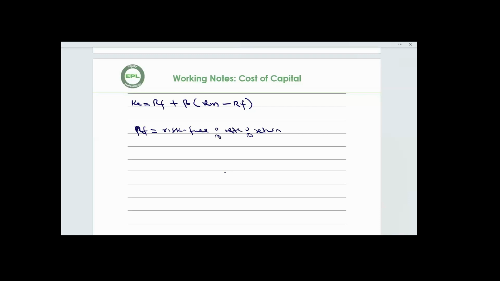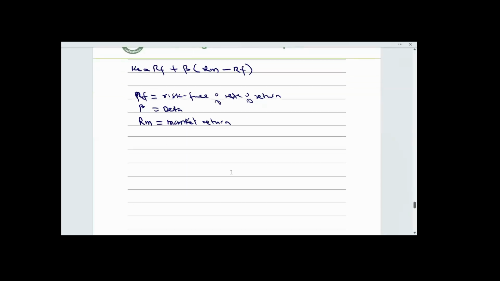Then B is beta value. Then RM is equal to market return. And I told you last week that the difference between market return and the risk-free rate of return is called market risk premium.